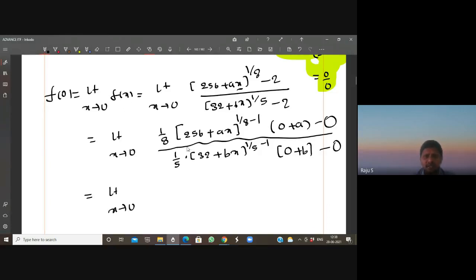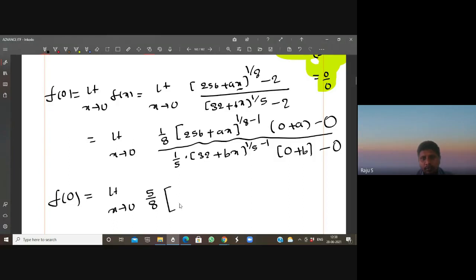Now we'll do one thing. Why don't we substitute? The left side is clearly f of 0. I want to substitute 0 directly in place of x. Otherwise, we'll write one more step. 1 by 8, by 1 by 5. Shall I write this value as 5 by 8?